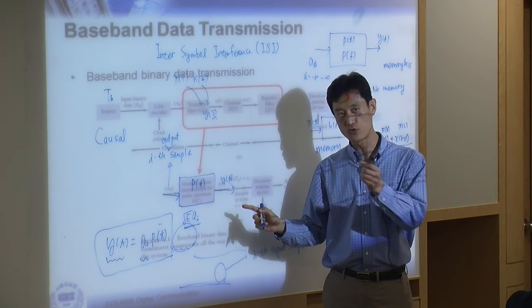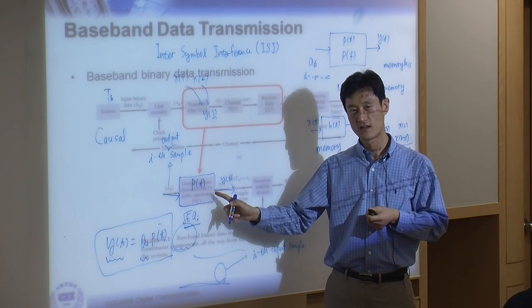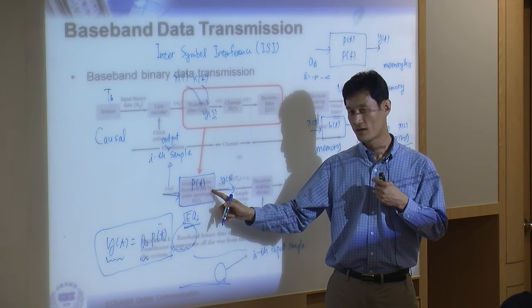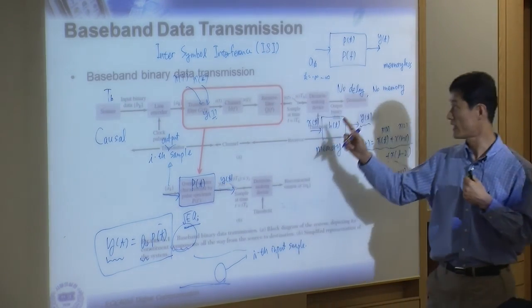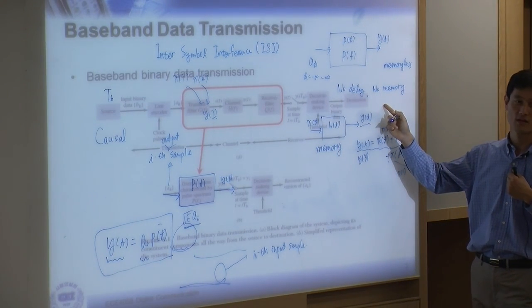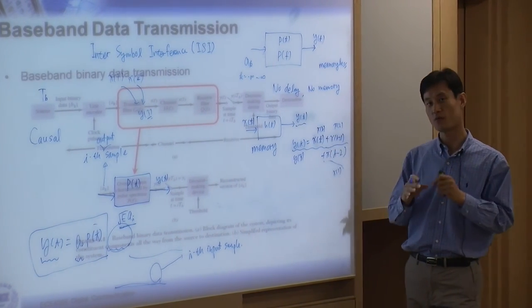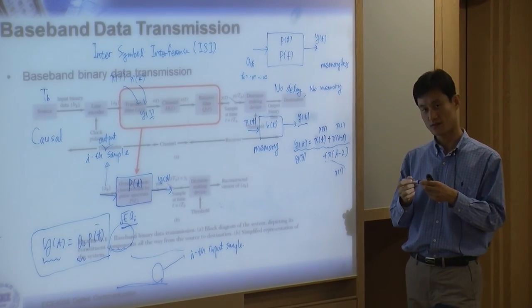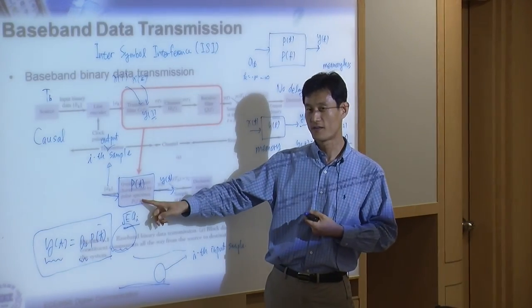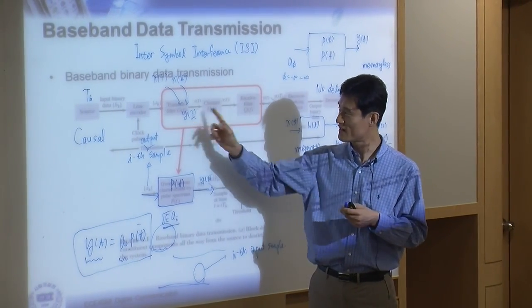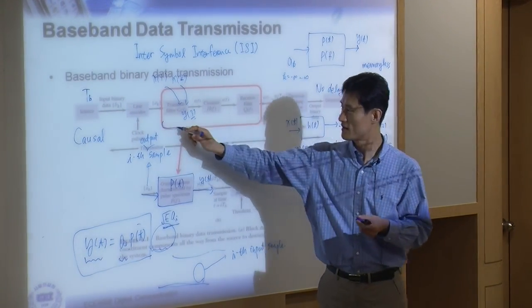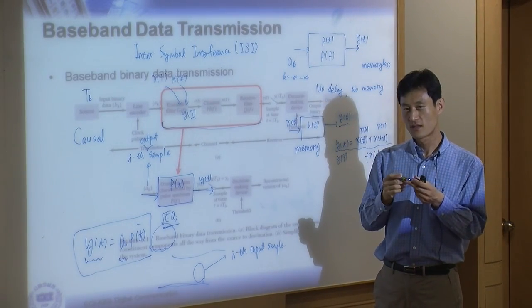And how do you want to make this block? I want to make this block to be no delay, no memory. But what is this block? This block actually is a combination of these three. So what does it mean?